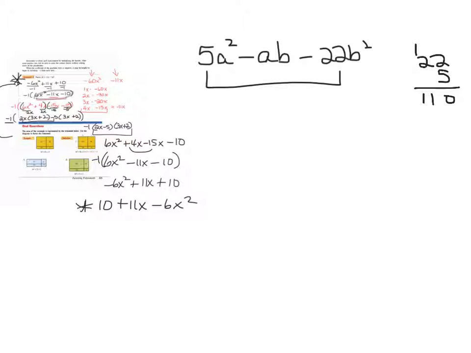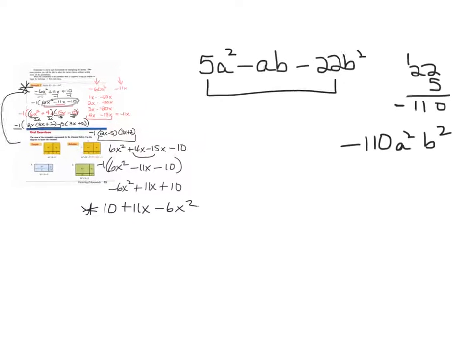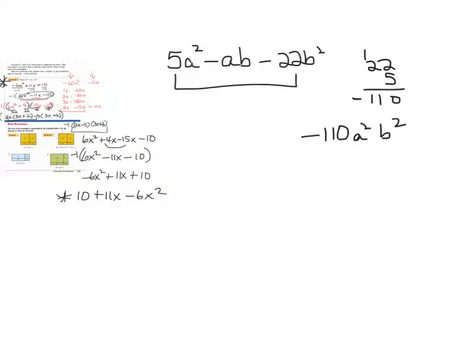So what I'm looking for here, and this is really large, I know, is two numbers that will multiply to give me negative 110a squared b squared. So I'm going to start my list. Again, remember, we're trying to make it add up to be negative 1ab. So this tells me that my numbers are going to be close.